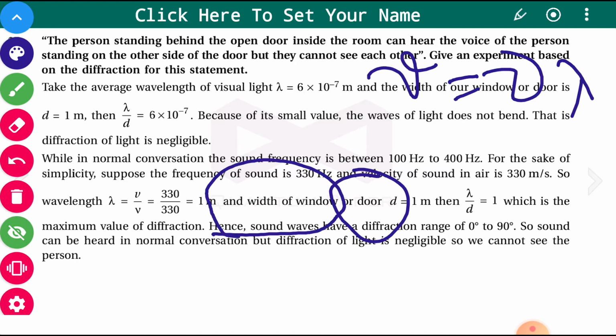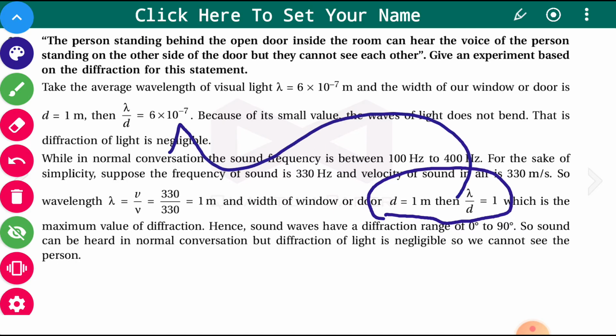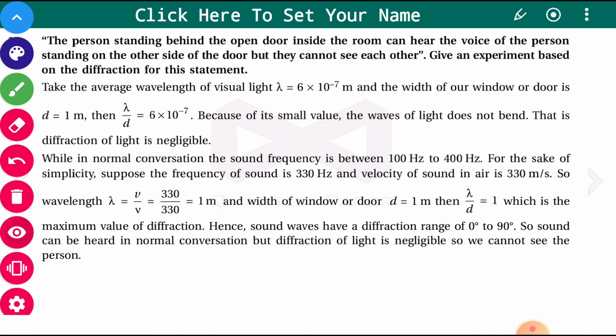So d, that is the slit, we consider the door as a slit, its width is 1 meter, and lambda upon d is 1 upon 1, which is very large in comparison to this value. So we can say that there will be diffraction of the sound waves, and sound waves can be heard if the person is outside the room.